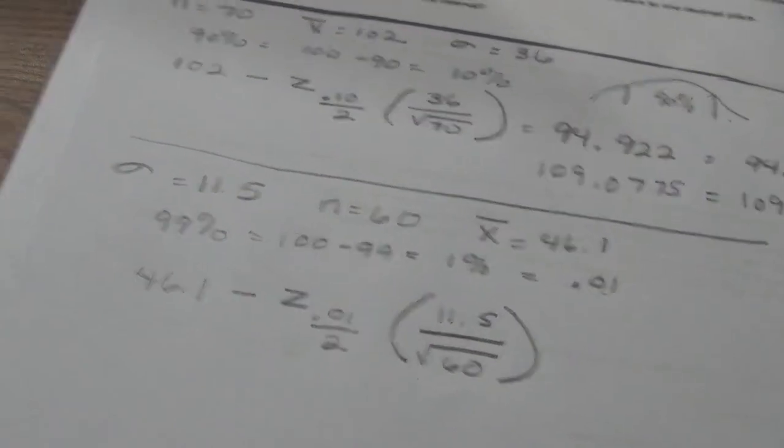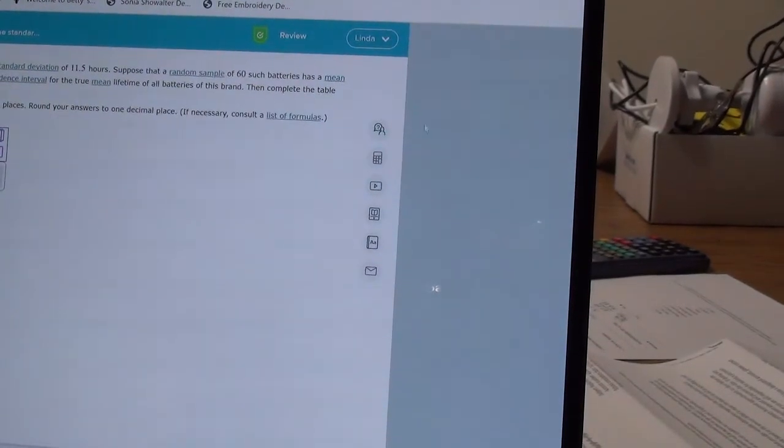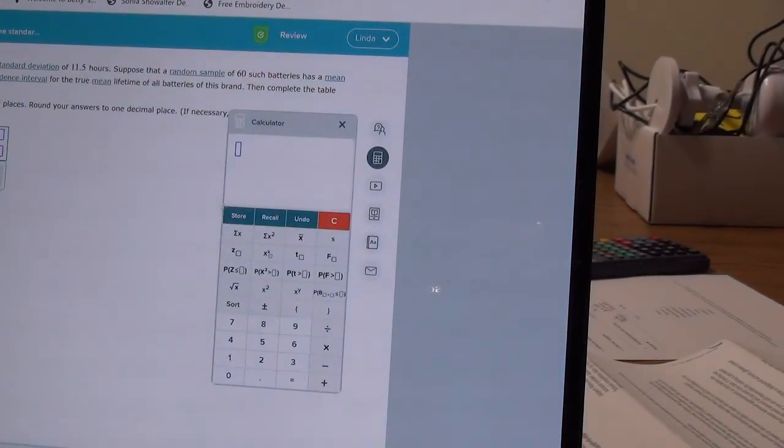I'm going to go back over here on Alex then. Going to go to the calculator. And I'm going to put in 46.1 minus Z sub 0.01, 1%, divided by 2 because I have 2 ends on my standard normal curve.